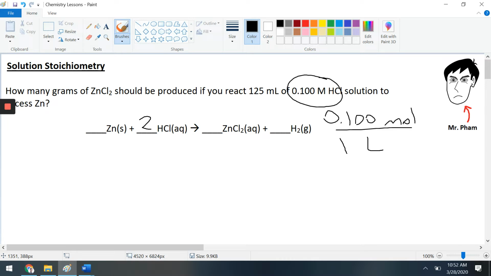So what I'm going to do first is take my volume and convert that to liters first. And of course, how do you do that? It's just divided by 1,000.